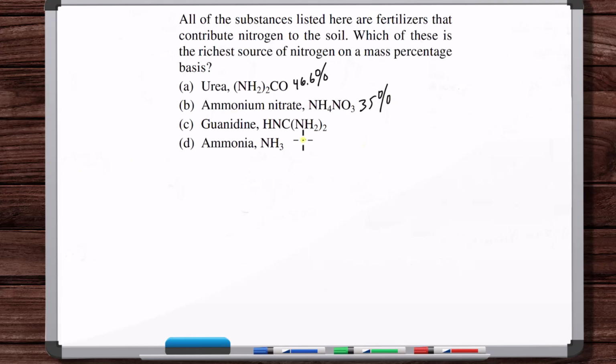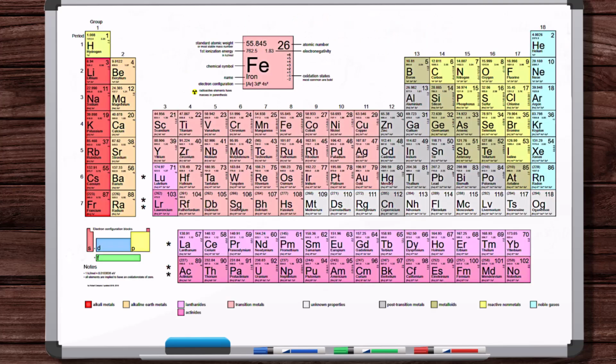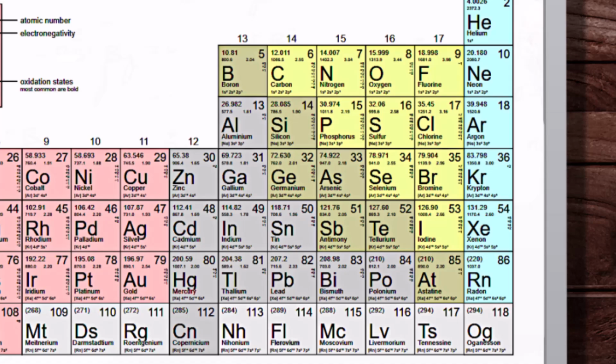Okay, now guanidine. We've got 3 nitrogens, 5 hydrogens, and a carbon, which was 12.011.